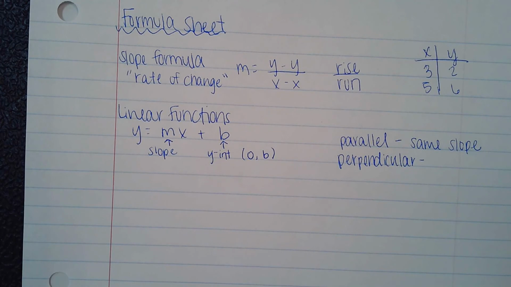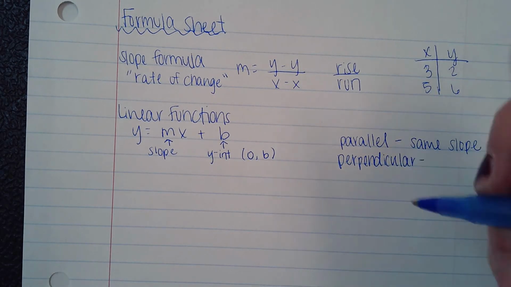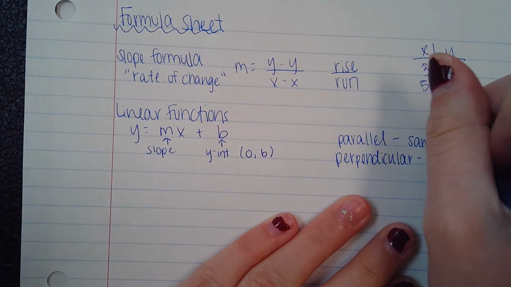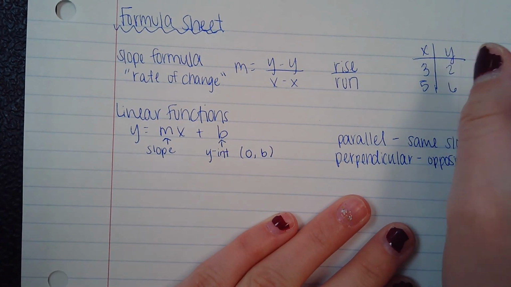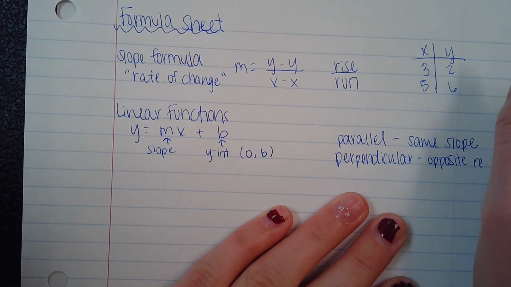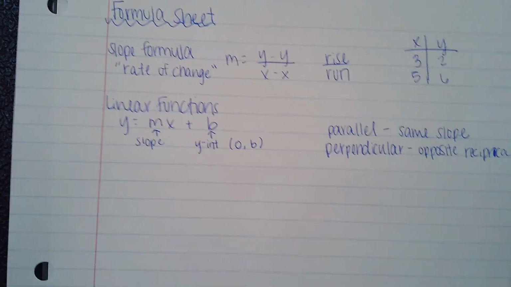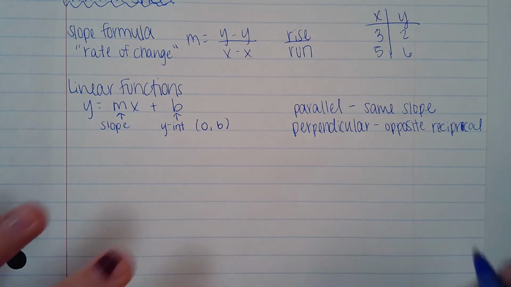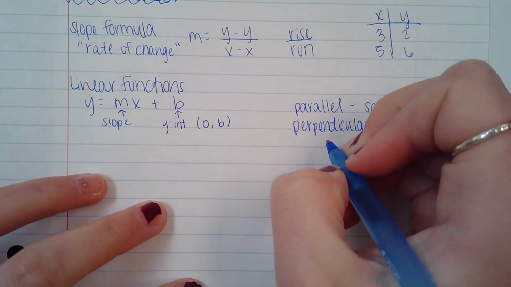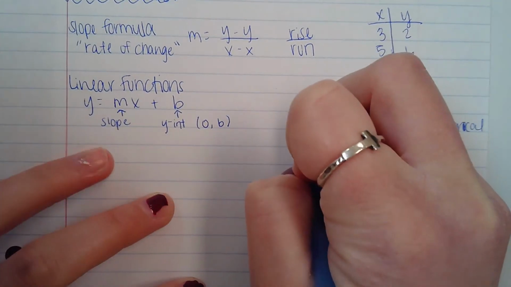Opposite reciprocal. So again, the opposite tells us to change the sign. The reciprocal tells you to flip it. Y'all got it? So let's write that down. We'll say opposite reciprocal, and that means to change the sign and flip. I'm gonna write that down over here.